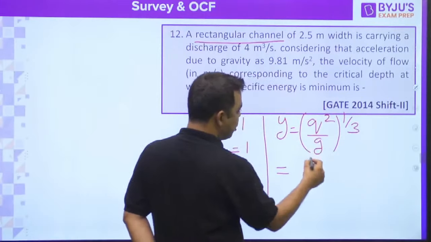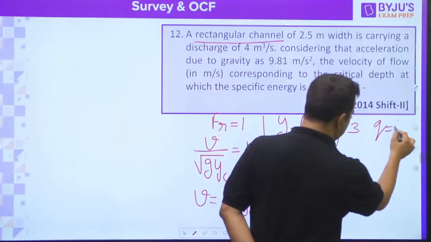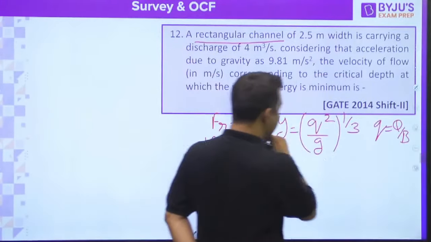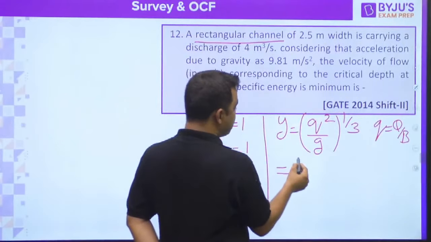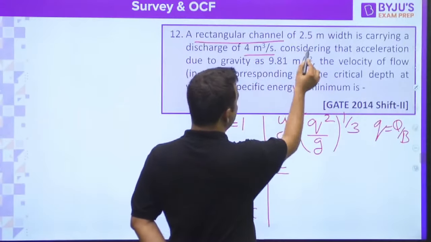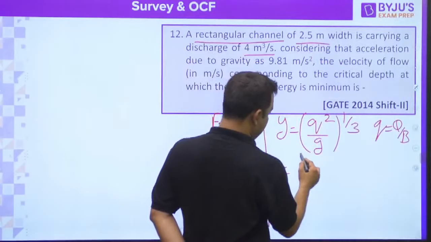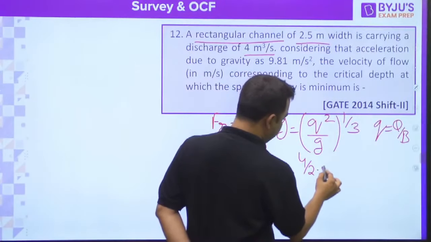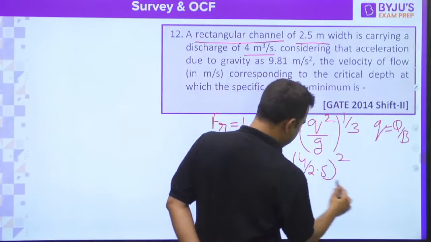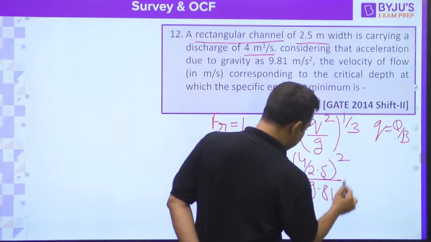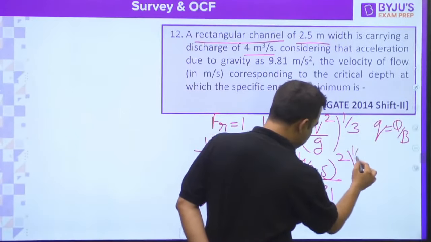This small q is nothing but Q by b. Q is 4 and b is 2.5 meter, so (4 by 2.5) square divided by 9.81, whole to the power of 1 by 3.